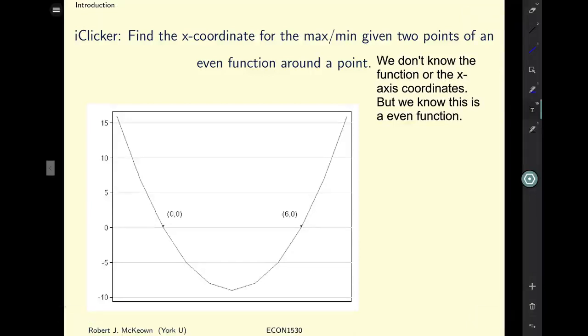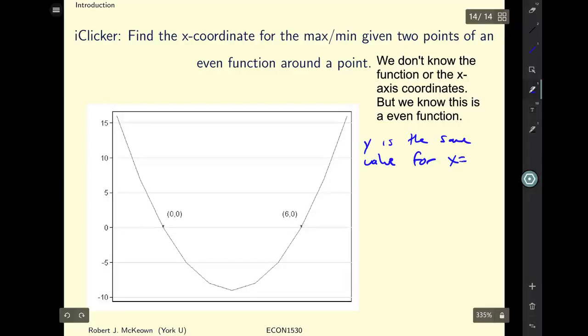And so one of the properties I showed you is that y is the same value for x equals 0 and x equals 6.